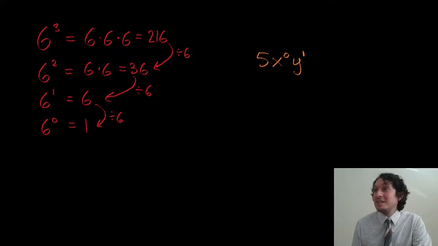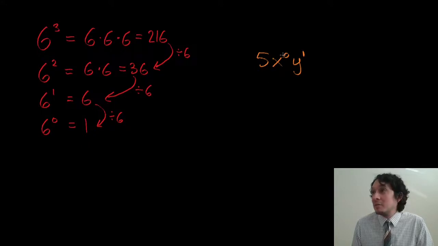Another way of saying this is that every single factor, every single element of this expression has its own exponent. 5 is not connected to this power of 0. This is not true, right? Only x is connected to that power of 0. So what is the real way to simplify this?